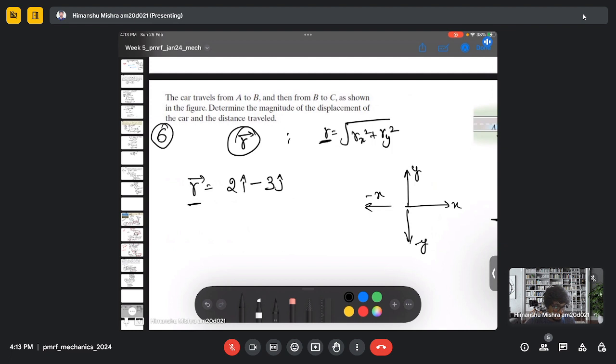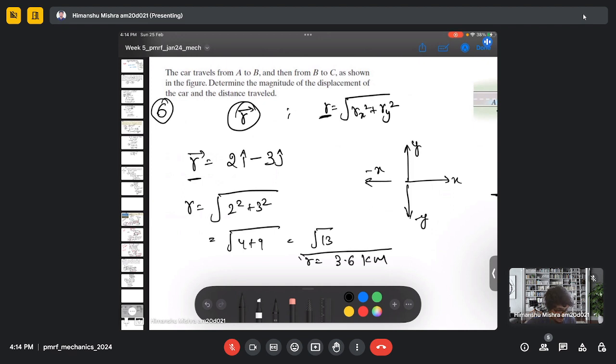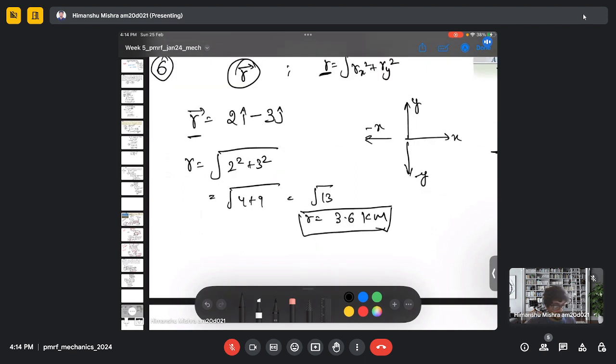So this is my displacement vector, and the magnitude will be given as, which will be around 3.6 km. So this is the magnitude of displacement.